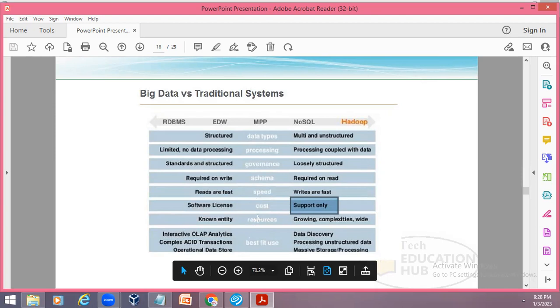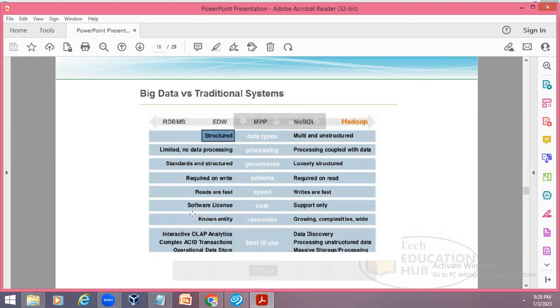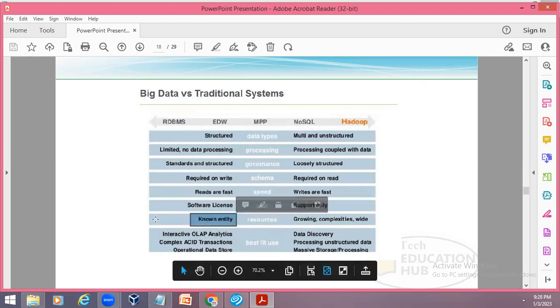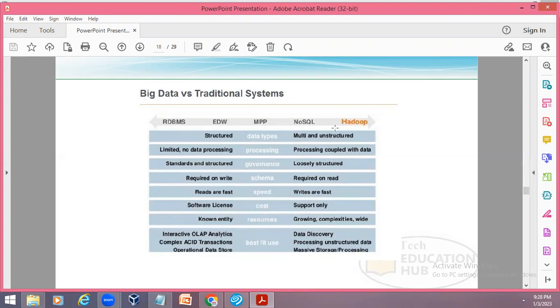Okay. Now coming to the resources. This is the data resource, where you are receiving the data from. In the RDBMS system, we only have structured data. So mostly we know where we are receiving the data from. But when it comes to the Hadoop system, Hadoop can handle your structured data, unstructured data, semi-structured data, right?